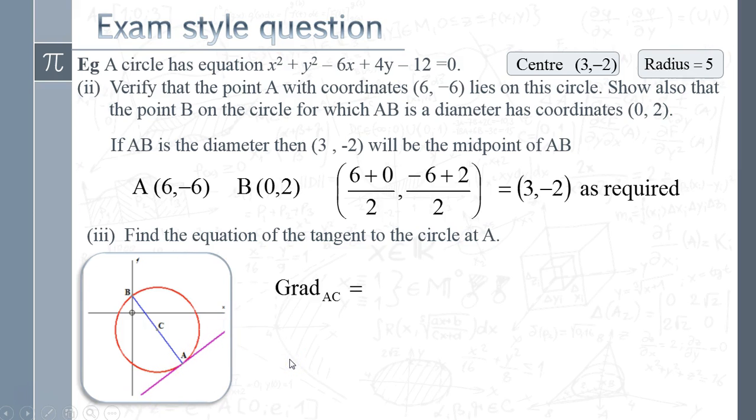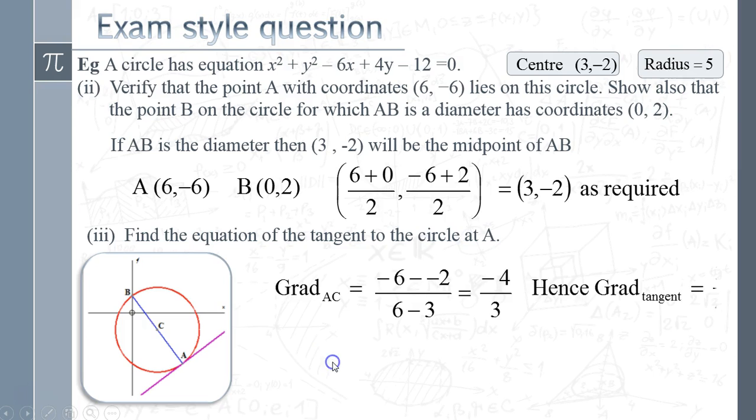So let's go for it by working out the gradient of AC and then using m1 m2 equals minus 1. So the gradient of AC, using our gradient formula, using the coordinates for A, coordinates for C, plug those in. So the gradient of AC is minus 4 over 3, so therefore the gradient of that line there is going to be the negative reciprocal of that, which is 3 over 4.